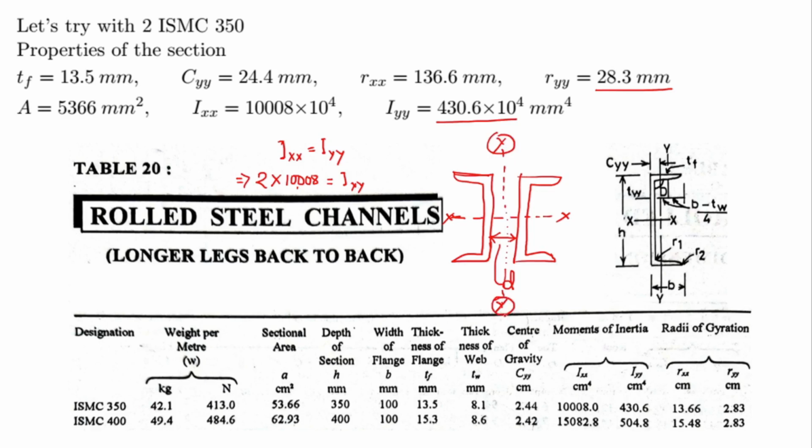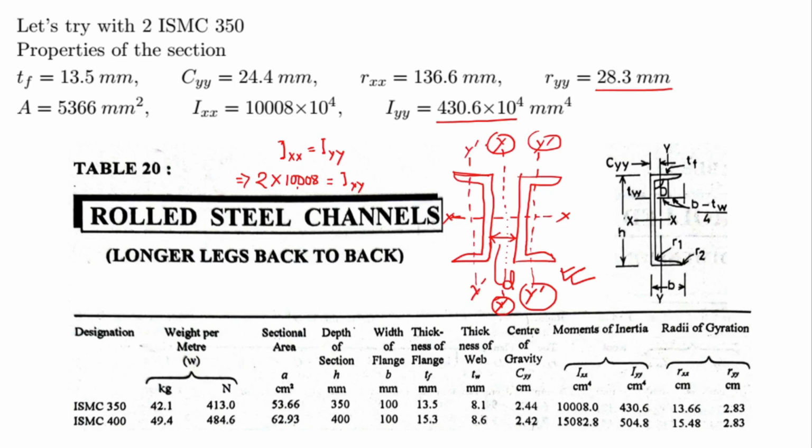But if I see the yy axis of the right channel section, it will be somewhat here, y dash. It is the yy axis for the right channel section. Similarly, the yy axis of the left channel section will be this one.